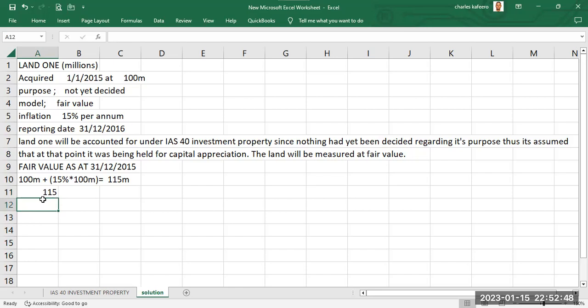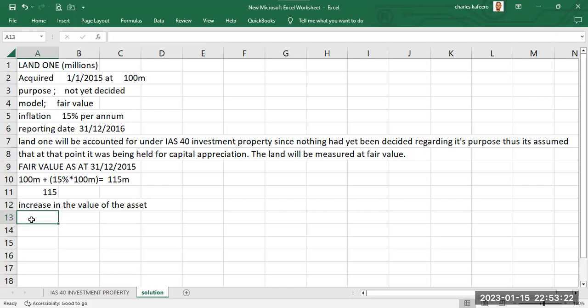Basically, since it is now going to be an increase, since we said it is going to be inflated, meaning we have to compute for the increase in the value of the asset. And how are we going to be getting it?